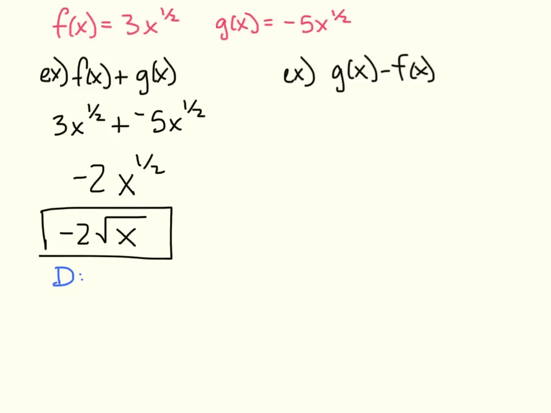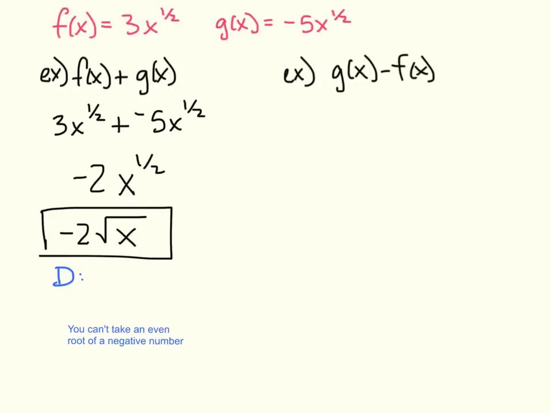You cannot take an even root of a negative number. So since this is the square root, that's an even root. So whatever this x is, it cannot be a negative number and get a real solution, right? So I need to have all the positive numbers and 0.